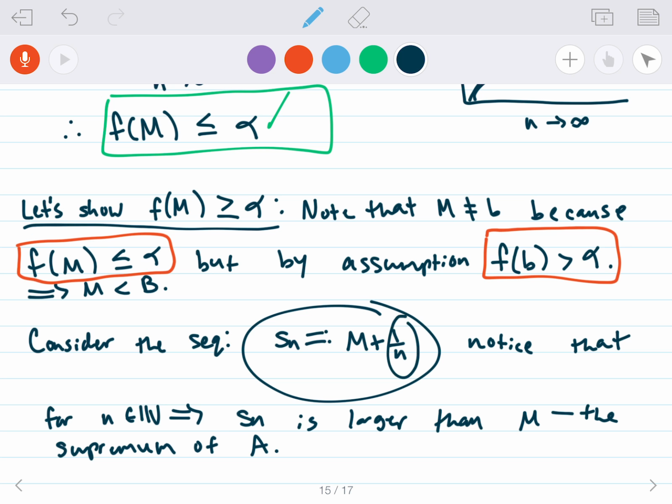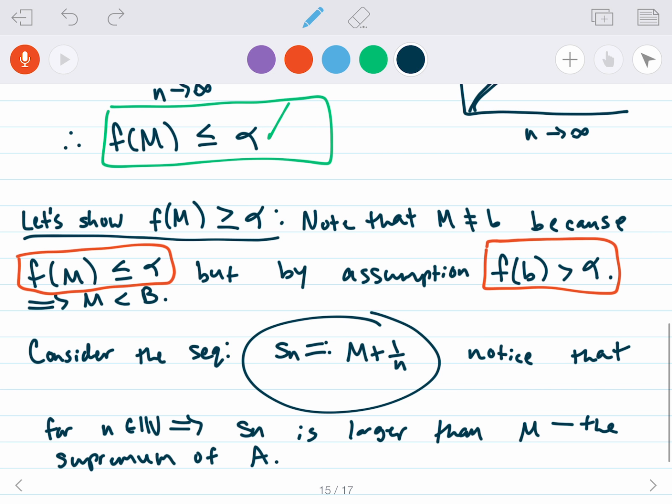For each n, m plus 1 over n is going to be larger than m. That's true, right? Because n is a natural number. Add 1 to it, add 1/2 to it. It's always going to be bigger than m itself.